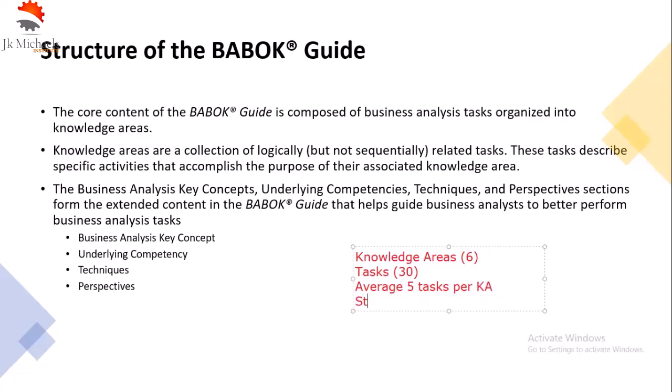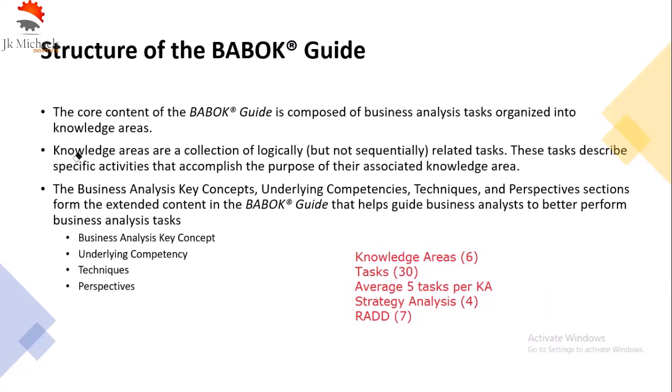For instance, strategy analysis has 4, and RADD has 7. So you don't go in there expecting to see 5, right? But what's important is to know that we have about 30 tasks well distributed under knowledge areas that describe the activities that you need to effectively perform your business analysis, right?